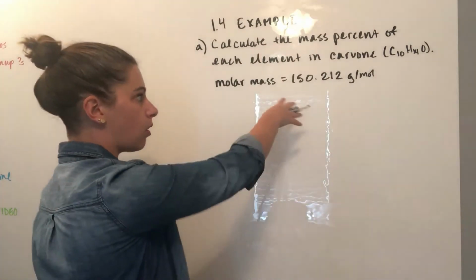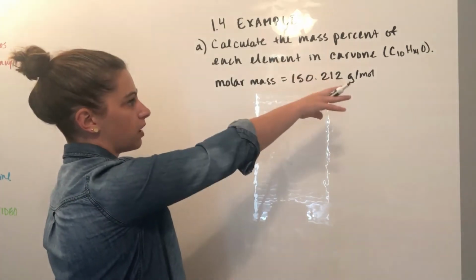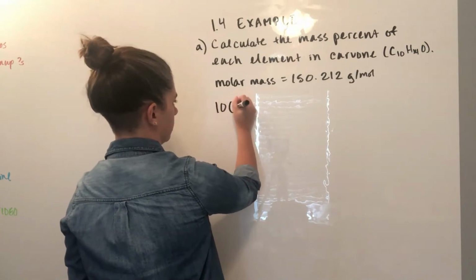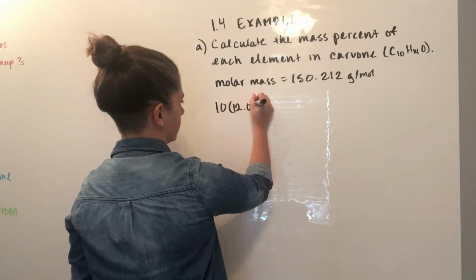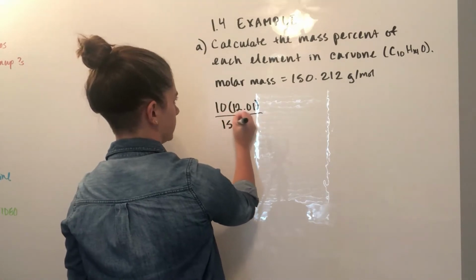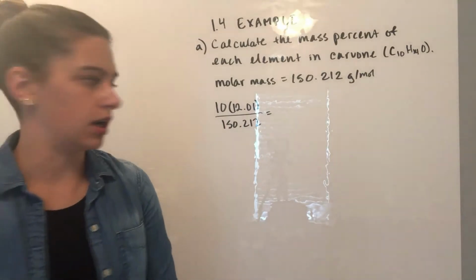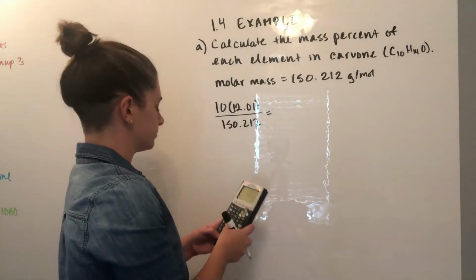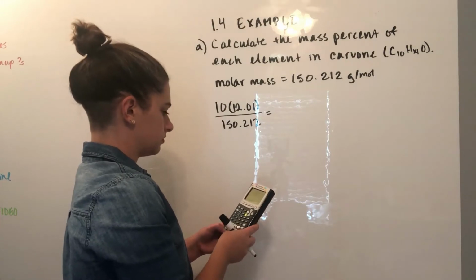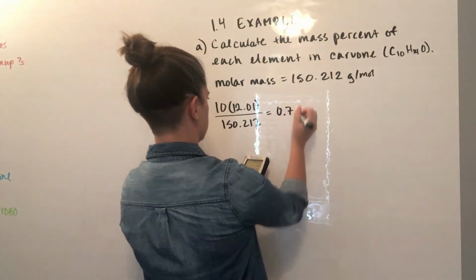Okay, so now that we know our total, it's just a percent, so part over the whole. We know the whole is 150.212. The first part is carbon. So 10 carbons at a mass of 12.01 each divided by 150.212 gets me, I don't know off the top of my head, 0.7995.